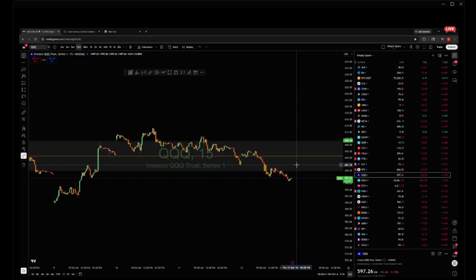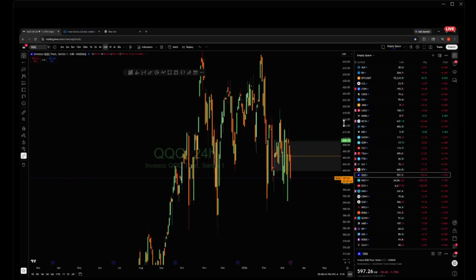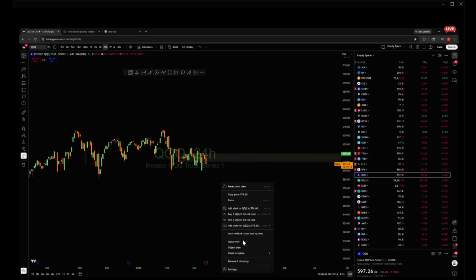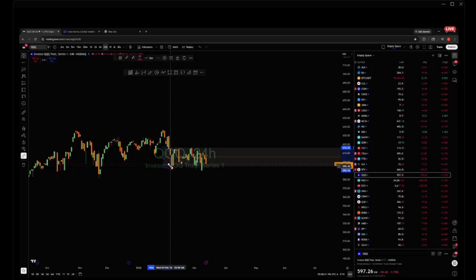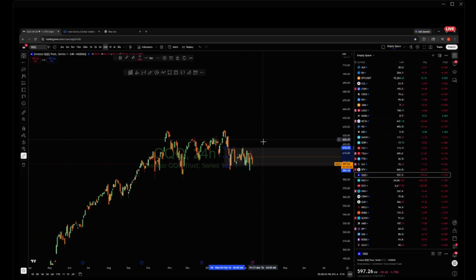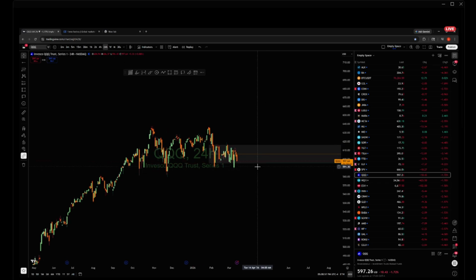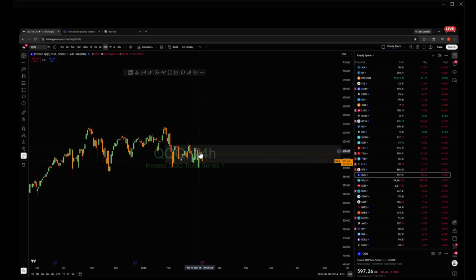But when you zoom out, are we in a box? For sure. Do we have multiple waves off both sides? Absolutely. But do we have a break of this structure? No. So people trading right in this range are having a difficult time. I've had a difficult time.